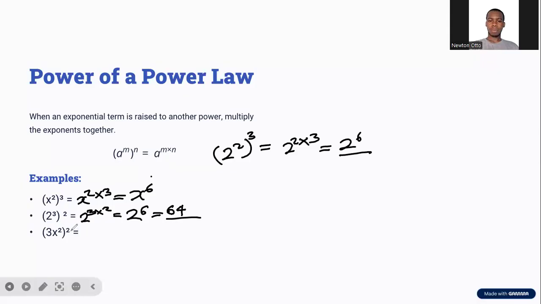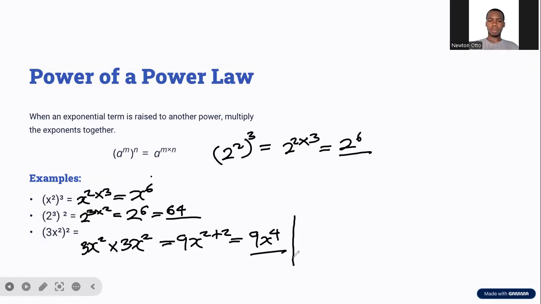And 3x squared all raised to the power 2. Solving this, you can easily do it as 3x squared times 3x squared, and this will give us 9x raised to the power 2 plus 2, and that's 9x raised to the power 4.